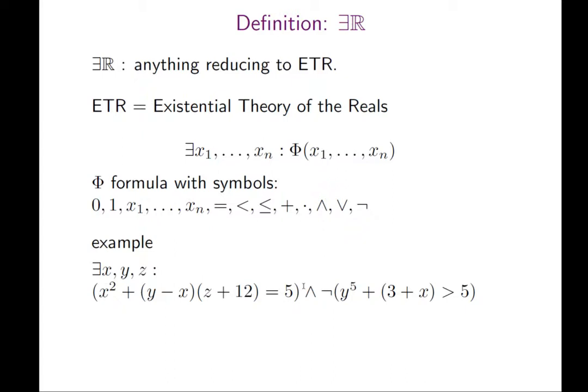So in general, it's kind of solving polynomial equations and inequalities. Here, for instance, we have x squared, but that's just a shorthand notation for x times x. And here we have minus, which isn't allowed. But there are some tricks to simulate minus in a clever way by inserting some additional variables, and also 12 should be regarded as 1 plus 1 plus 1 plus 1, and so on.